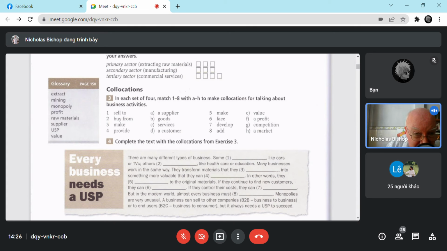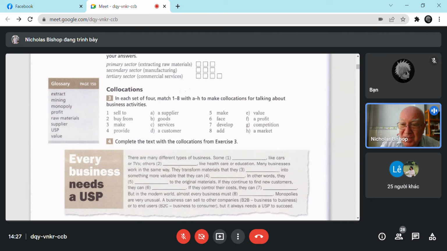Number 7, develop. I think it's develop a market. Good. Develop a market. Because if you have a business, you need to find customers or other people, for example retailers or whatever.